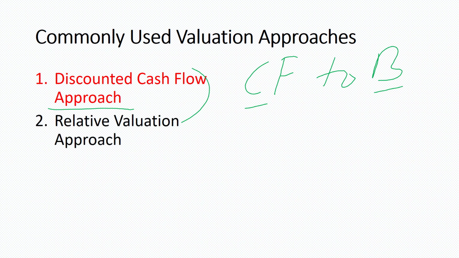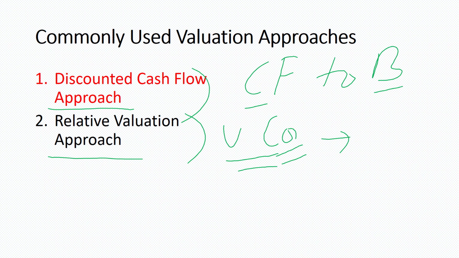And the second approach is the relative valuation approach. In this approach, what you do is you look at the value of the competitors or closely related businesses, and based on the value of its competitors, you can compute the value of the business that you are looking at. And the third most widely used method is the income approach.